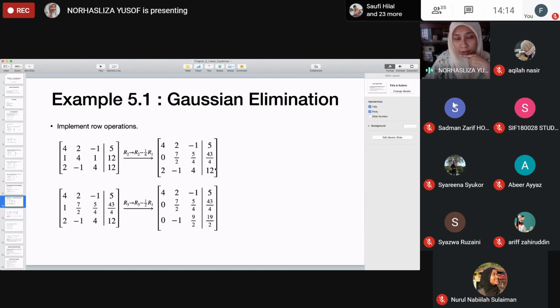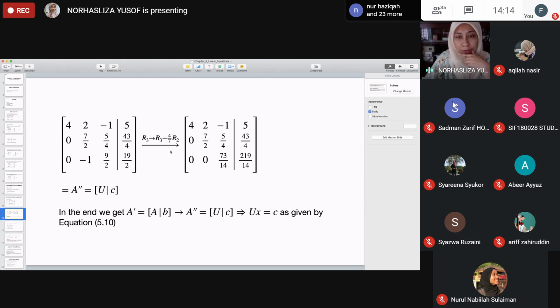You take this augmented matrix and redo the row operation so that the next row entry is 0. So the idea is that we have to obtain 0 in all the subdiagonal entries. Finally you apply another operation to get this form.